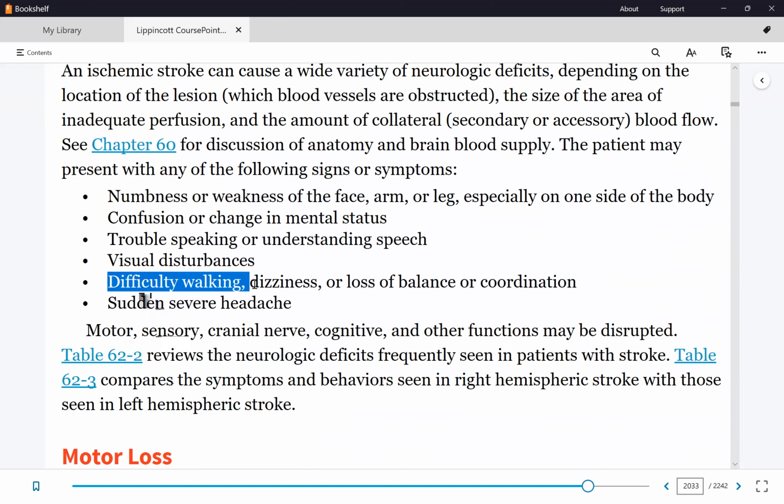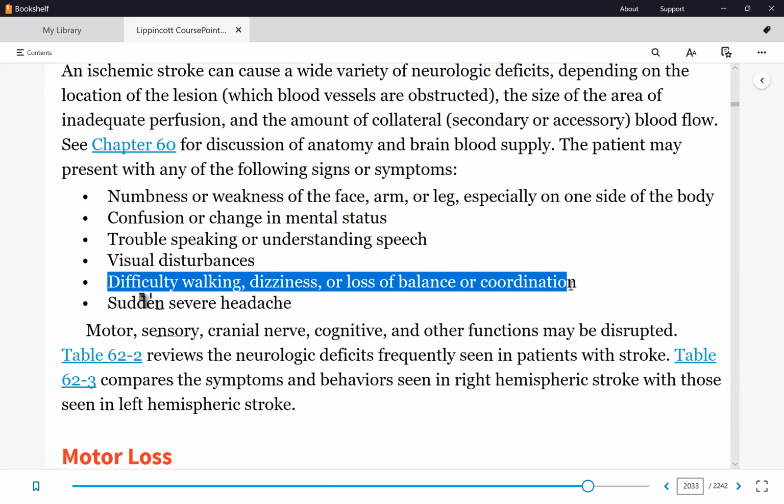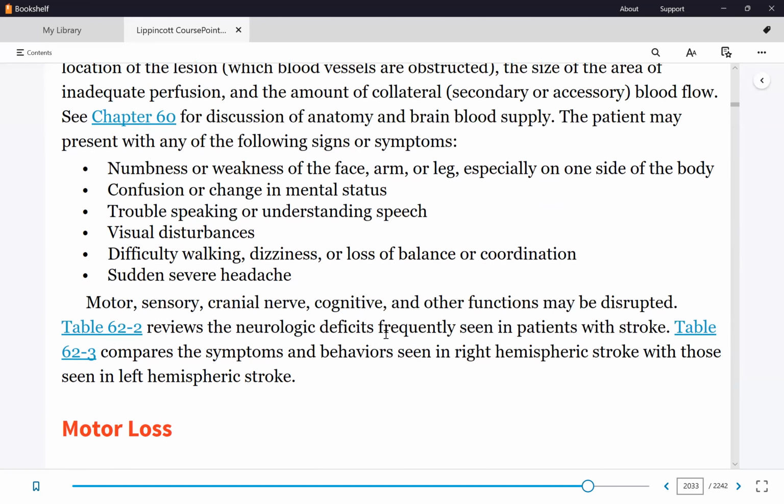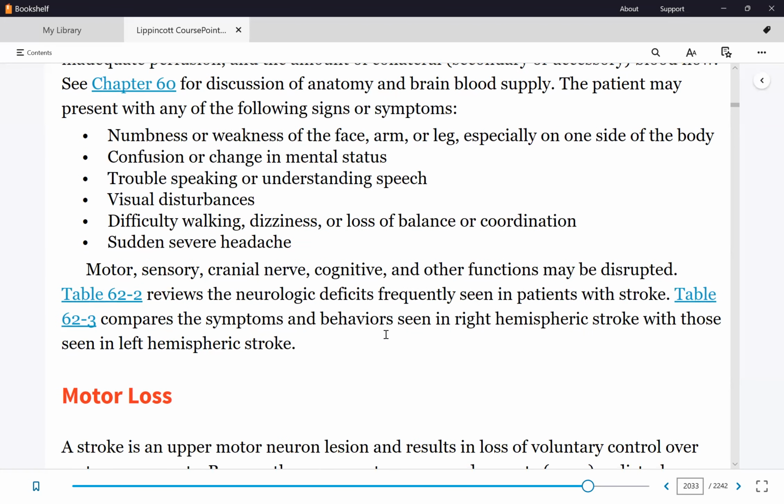This is the B, difficulty walking, dizziness, or loss of balance. And then which type of stroke is this for? Hemorrhagic stroke.